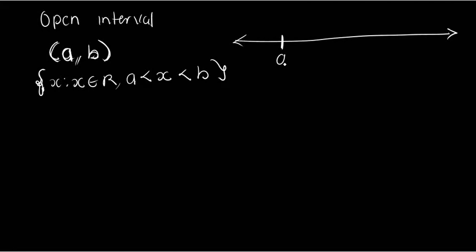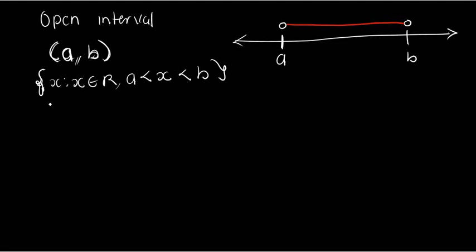If this is A and this is B, this side will be open like that, and this side again will be open like that. Then you draw a line between. So this is what we call the open interval.